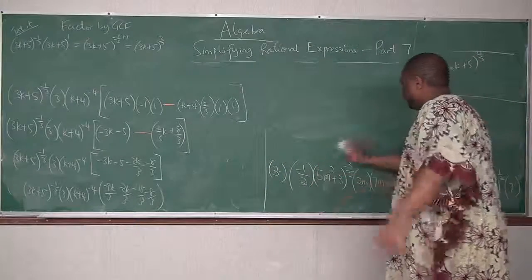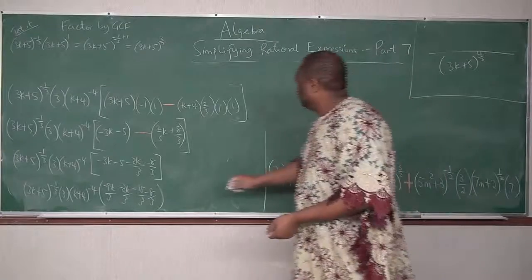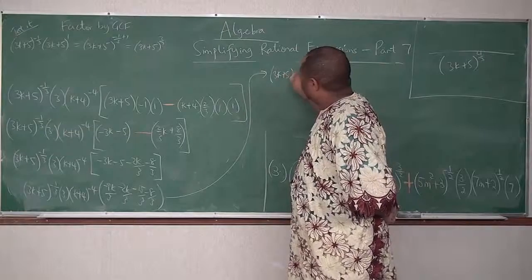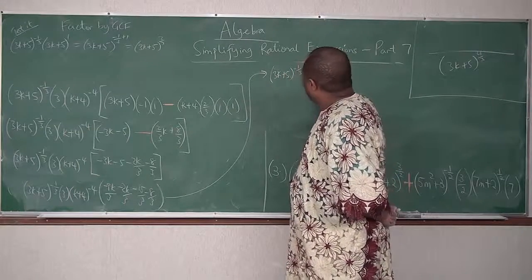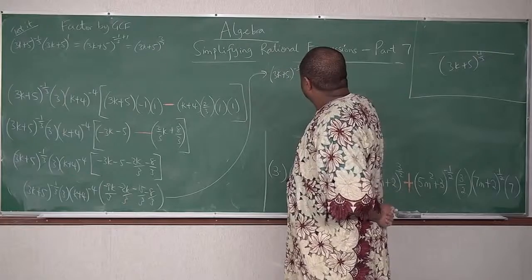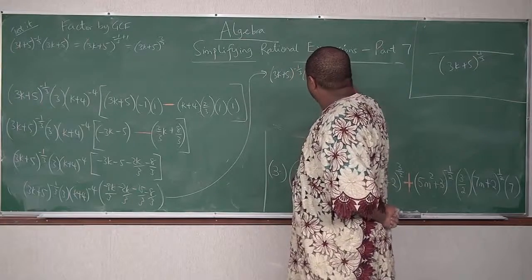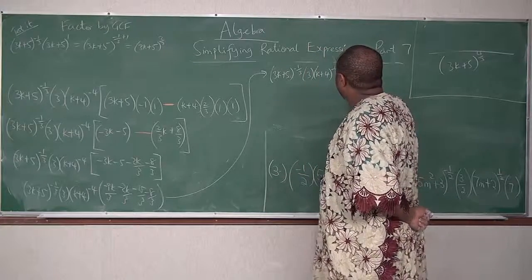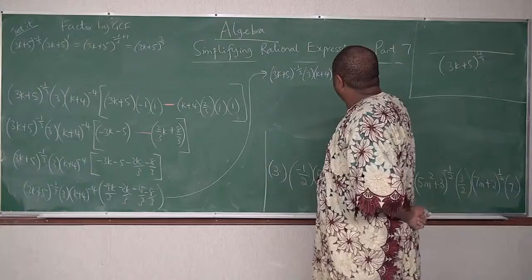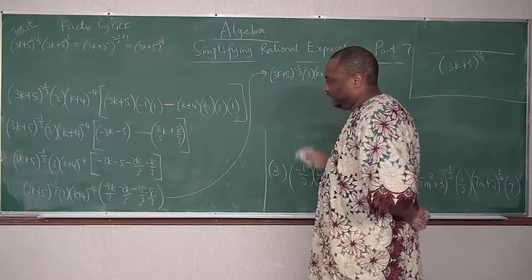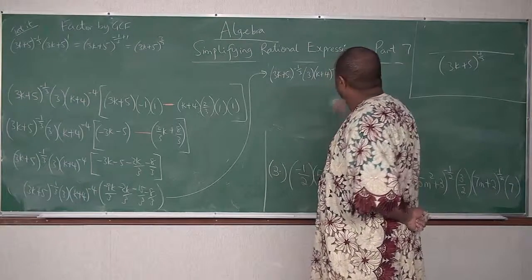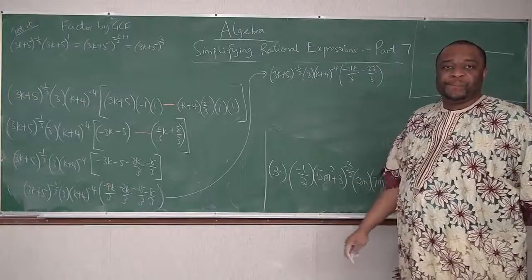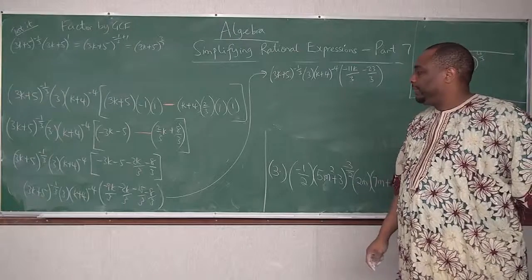So this will give us what? From here, we have 3k plus 5 exponent negative 1 over 3 times 3 times k plus 4 exponent negative 4, then times negative 11k over 3, minus 23 over 3.